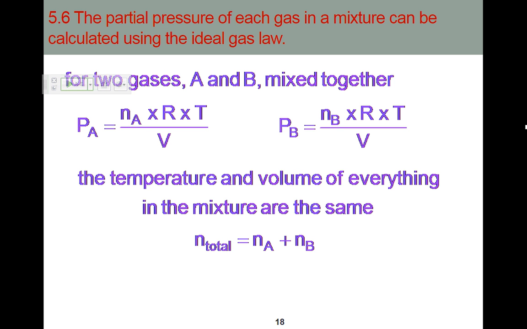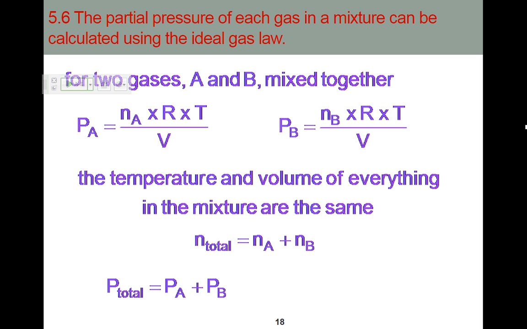And our total moles of our 2 gases that are mixed are going to be additive, moles of A and moles of B. And our total pressure is going to be additive, PA and PB. So let's say we have a mixture, and I know my total pressure, and I know my moles of one of my substances. And of course, I know temperature and volume.